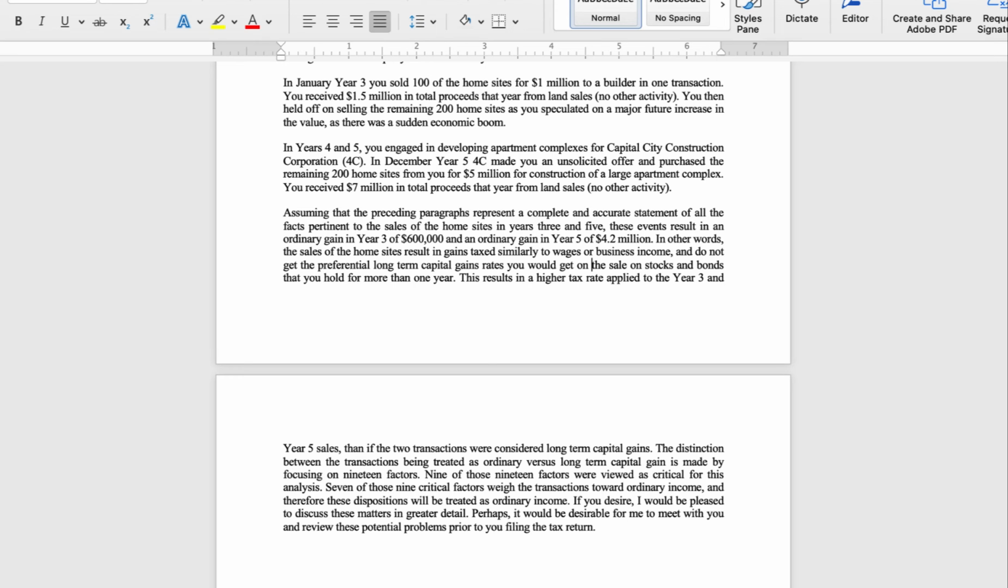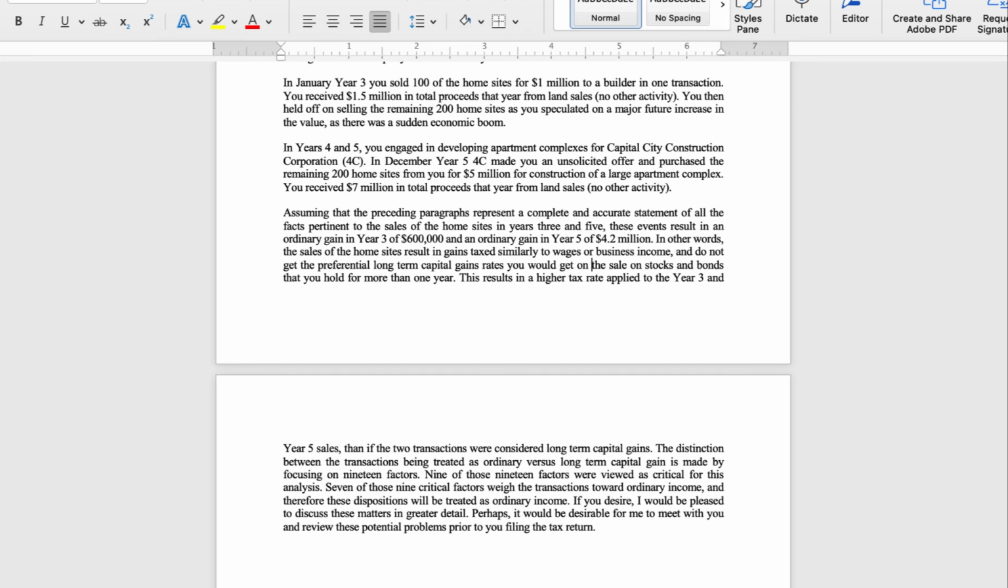You would also want to explain, let's say that this ultimately was 5 of the 9 factors resulted in long-term capital gain and 4 resulted in ordinary, and we concluded it should be long-term capital gain. So we say, 5 of them weigh in favor of long-term capital gain.